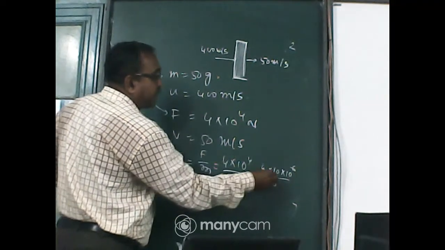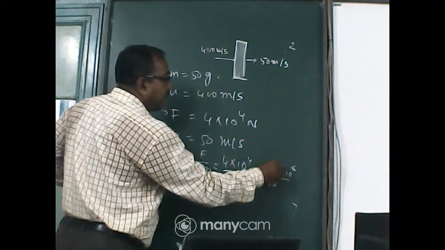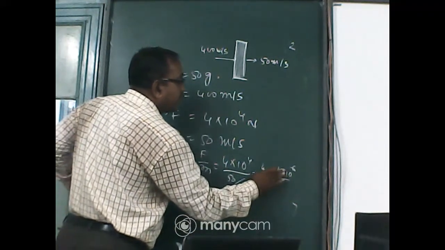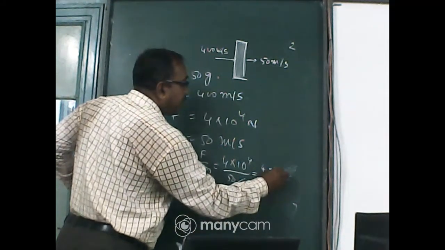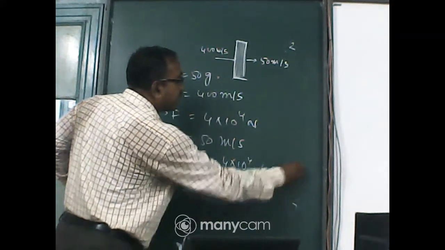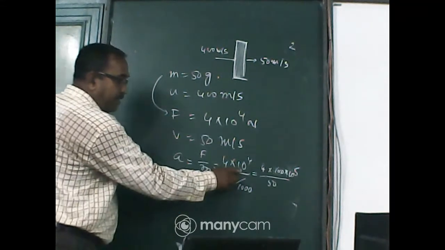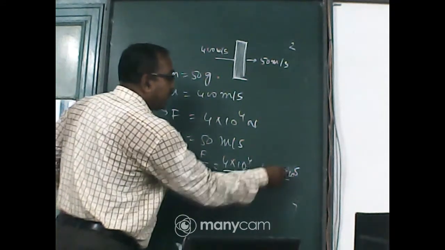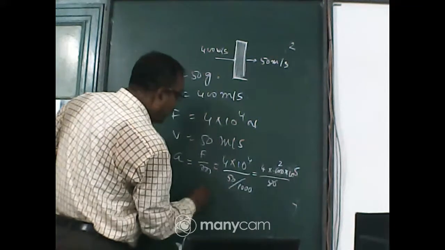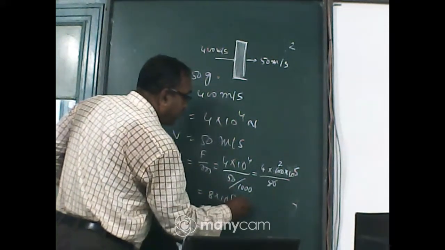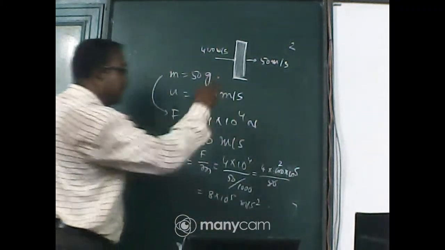You cancel it, it will be more easy. 100 into 10 to the power 5, you write it. That will be 8 into 10 to the power 5 meter per second square.